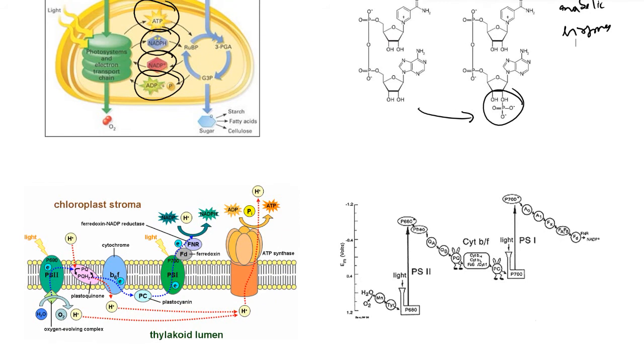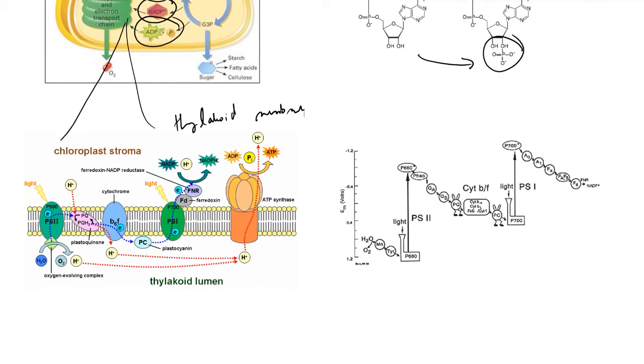So if we were to zoom in on our thylakoid membrane in our chloroplast, we'd see structures that look much like what we see here.